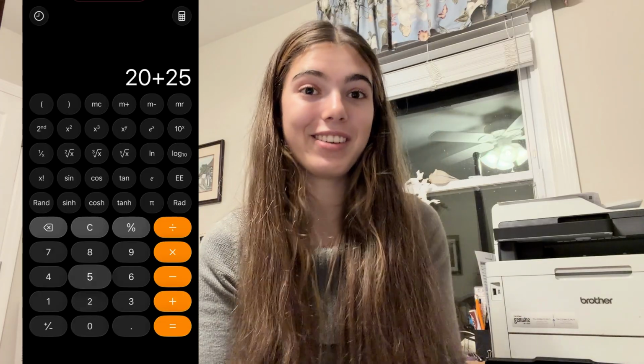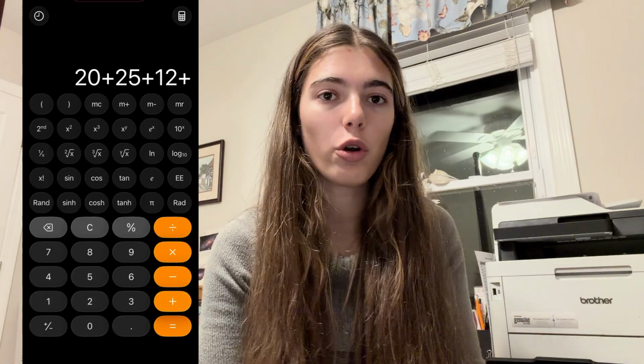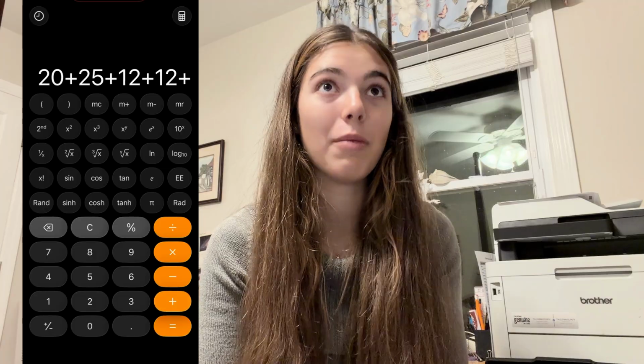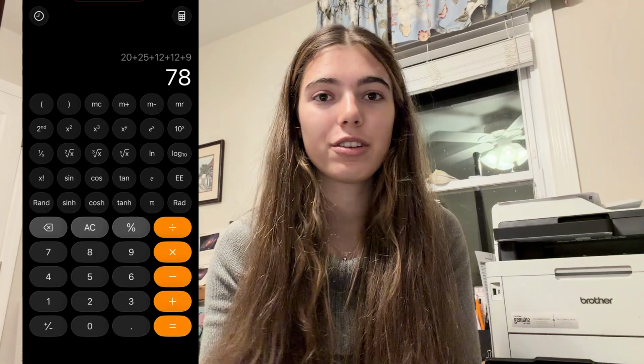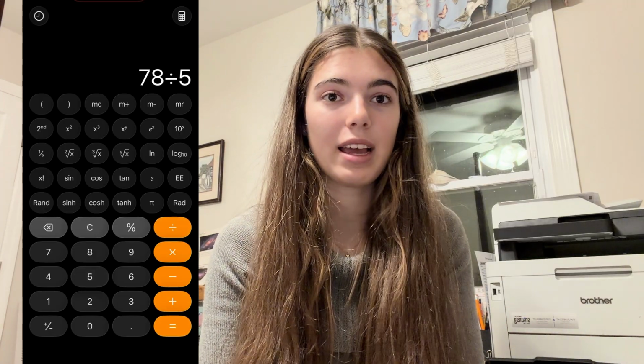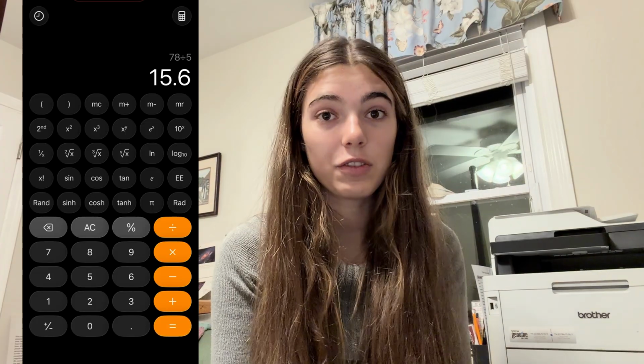So in order to calculate the mean, you add up all the numbers in the data set. In this case, we have 5 numbers. You add those up, the total is 78, and then you divide by the total number of numbers in the data set. So we have 5 numbers here, so you're going to divide by 5, and that equals 15.6. So 15.6 would be your mean for that data set.